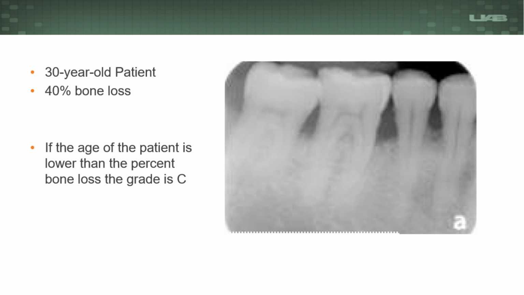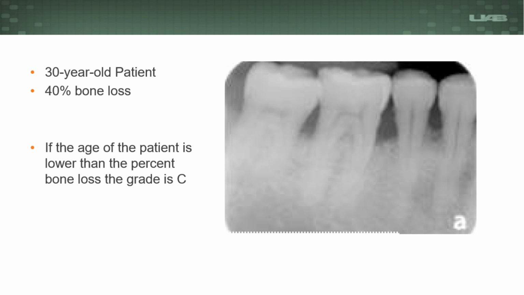We know the image is not very good, but please pay attention on how we can make grading simpler using radiographs. So if you look at this radiograph here, we have a 30-year-old patient that has 40% bone loss.